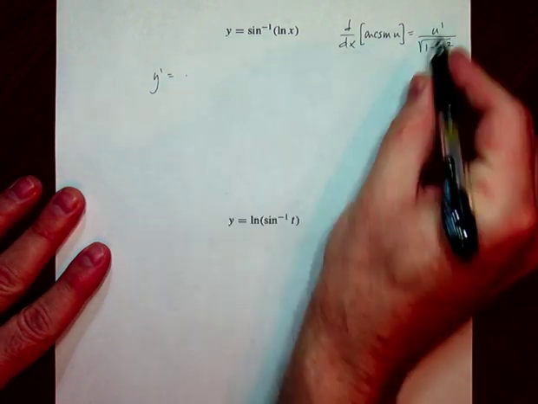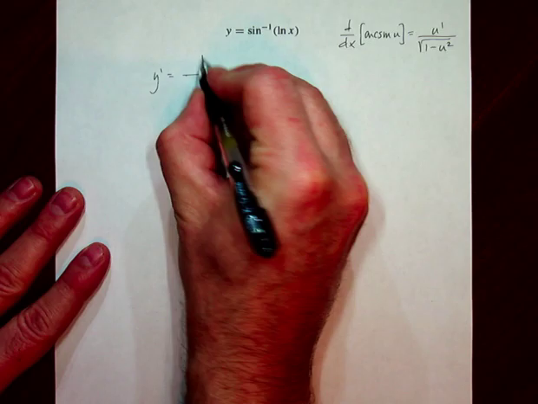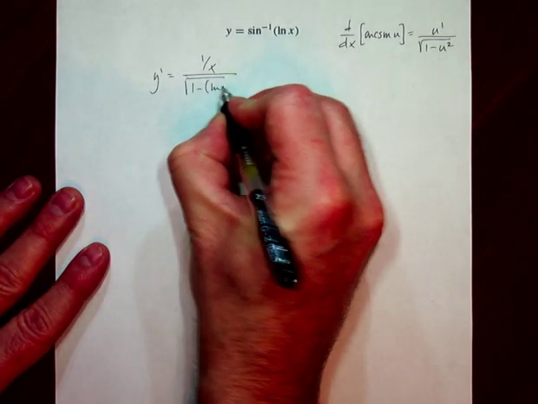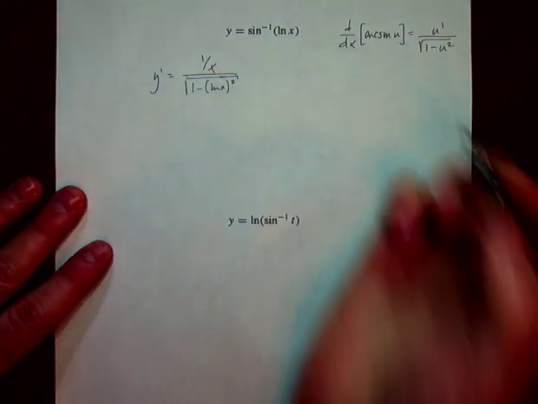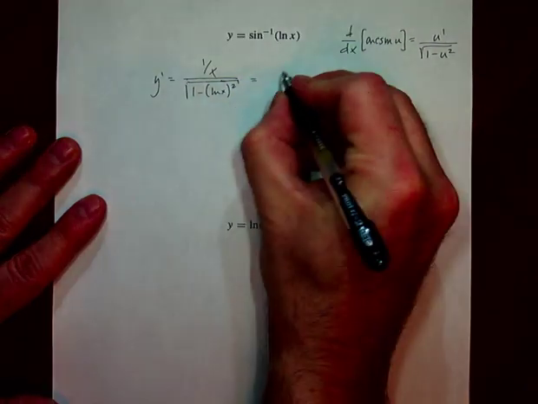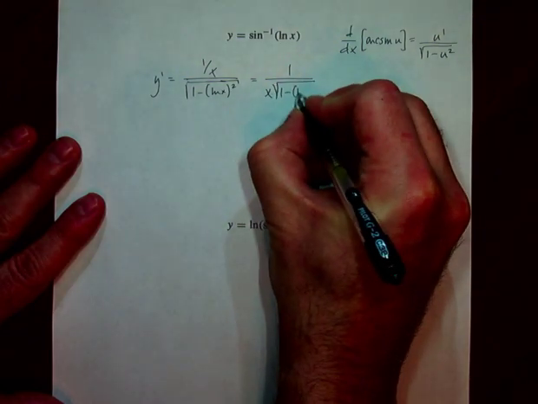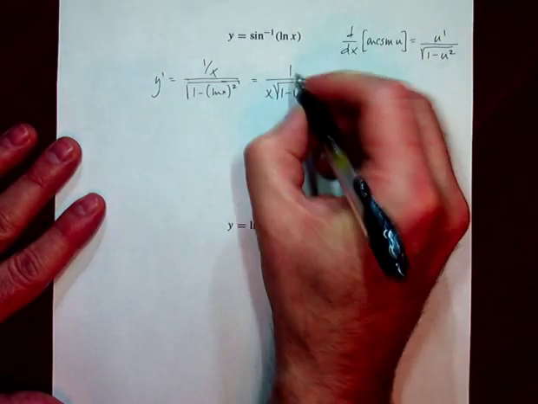So if we're going to follow this formula, we know that it's 1 over x times the square root of 1 minus natural log x squared. So there's your derivative.